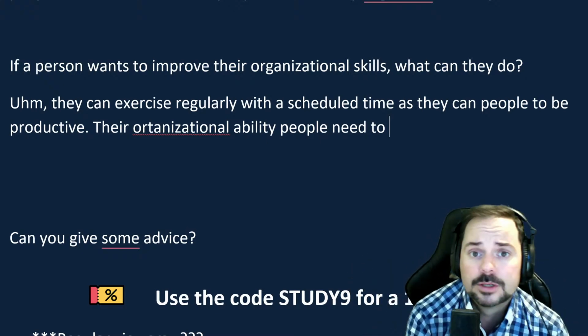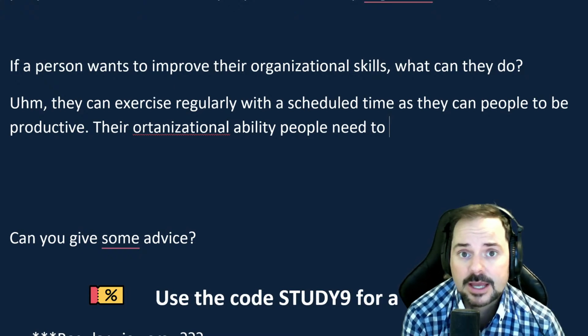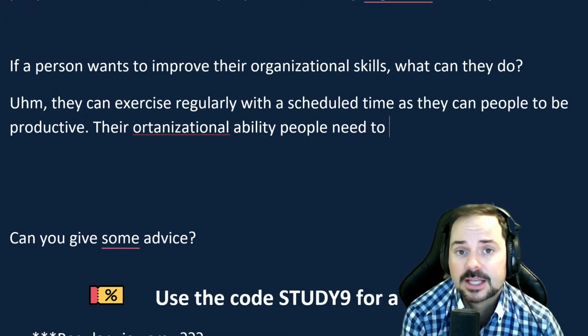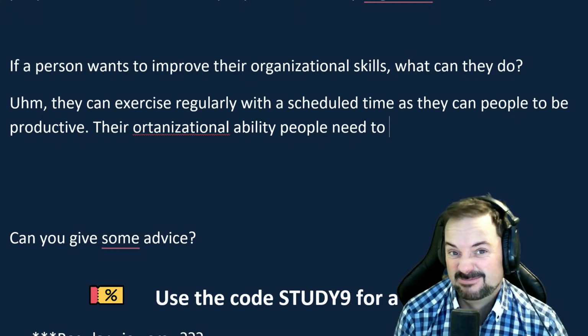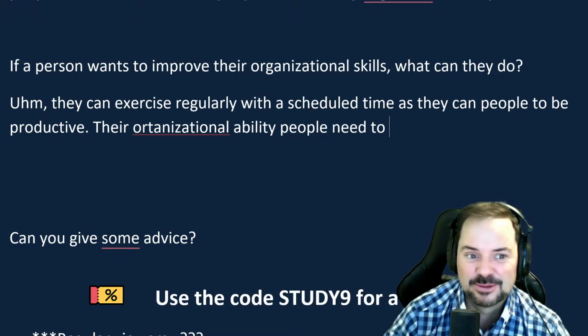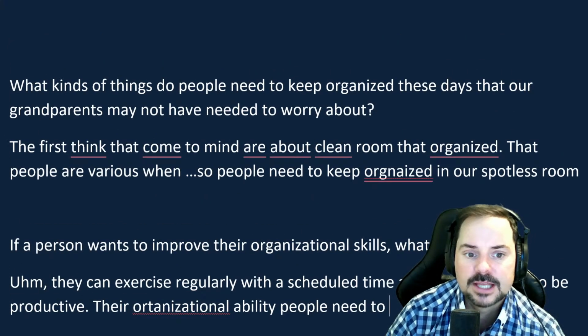A really good practice to improve that is just to do a lot of reading and to do a lot of listening to kind of clean up the language a bit, to organize it a bit better. Are you following me?